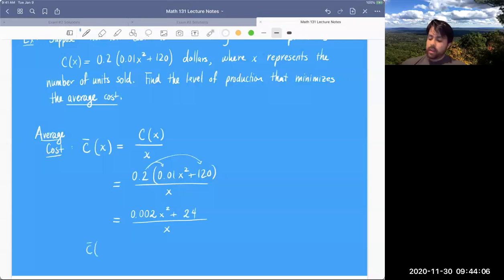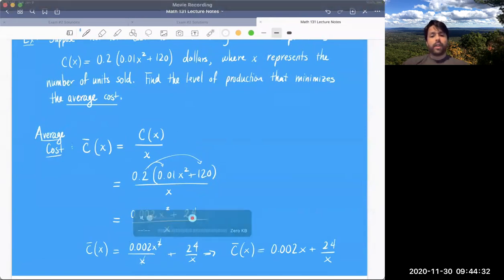Then I can rewrite this as 0.002x squared divided by x plus 24 divided by x. The x cancels here, and my average cost function is 0.002x plus 24 over x. So that's the average cost function.